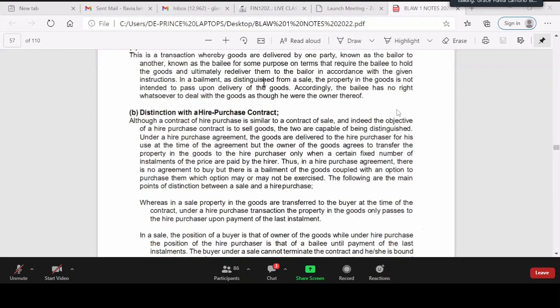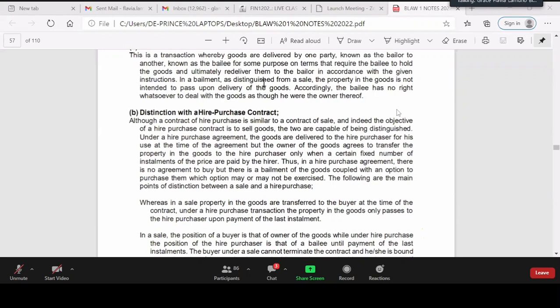You take the good, but you're paying in installments, and the property passes when the last installment has been paid. That is a contract of hire purchase. You buy a good, you take it home, but you're paying in bits over time until you've paid the full amount.